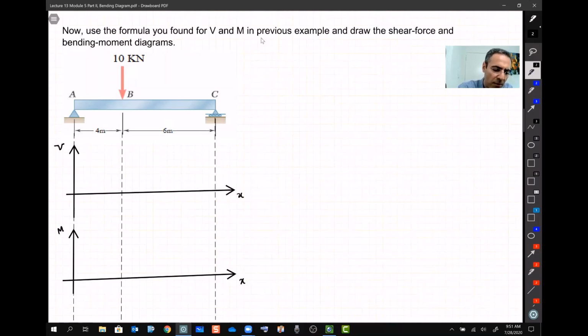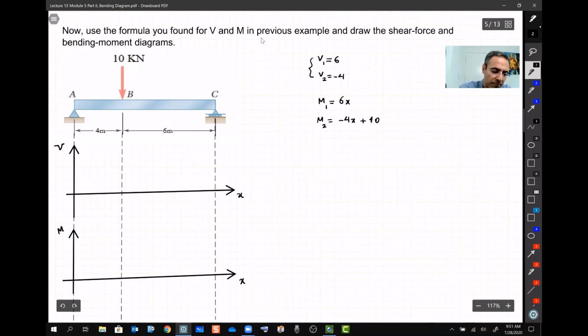I'm just going to write down the equations that we found. We found V1 equal to 6, V2 equal to -4, and we found M1 equal to 6x, M2 equal to -4x plus 40. We just want to draw the graphs of these.